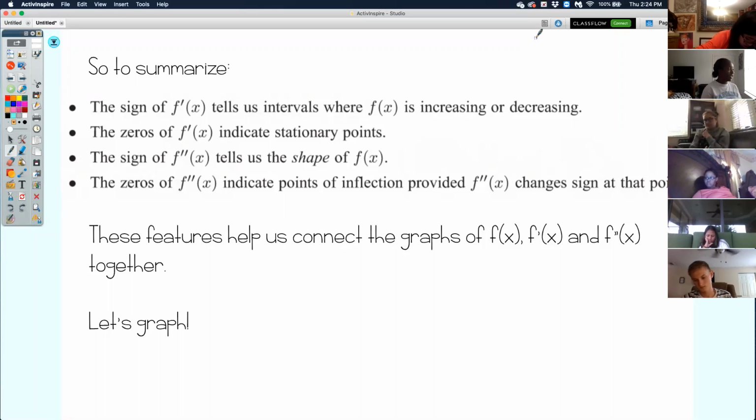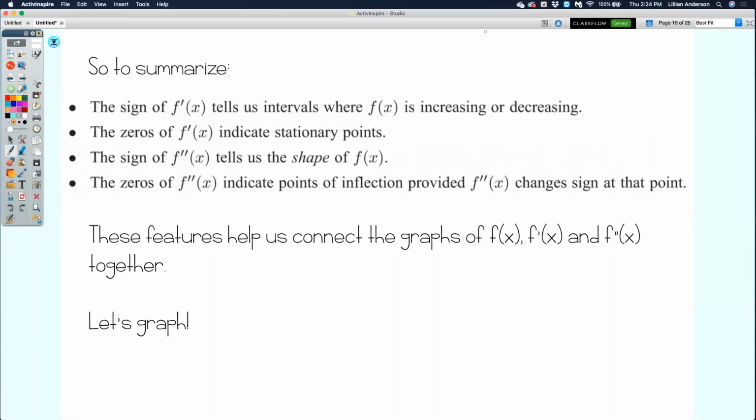The sign of the second derivative also tells us the shape of our original function. Shape being concave up and concave down. Okay, the zeros of the second derivative, or where the second derivative is equal to 0, indicates points of inflection, also provided that the second derivative is changing signs at that respective point.